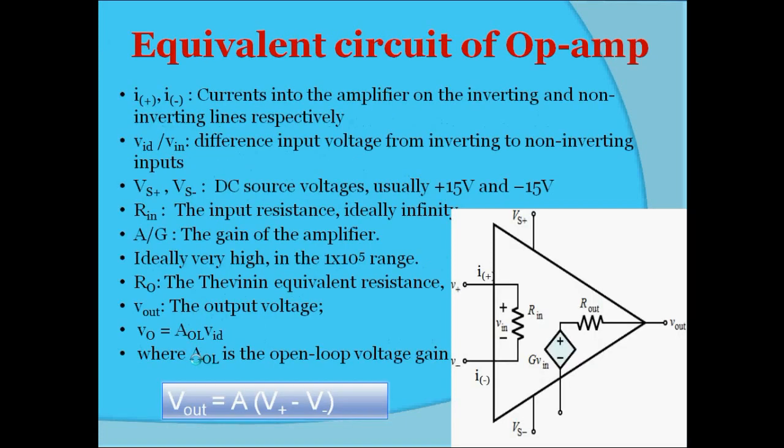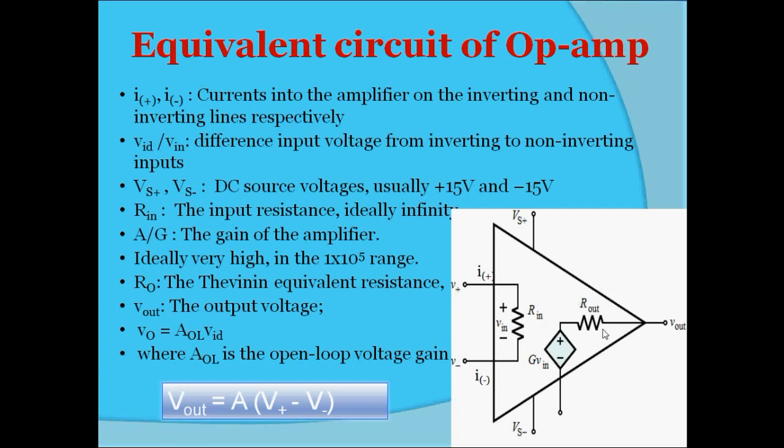Now we'll see the equivalent circuit of an op-amp. This is the equivalent circuit of the op-amp given here. We can define gain as A, or in some books it is given as G. So A into VID is nothing but Thevenin's equivalent voltage source, and R0 is the Thevenin's equivalent resistance when we are looking back into the output terminal.